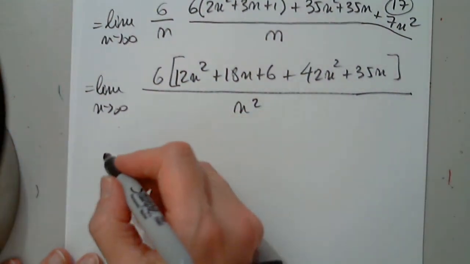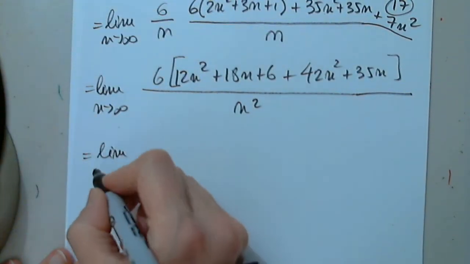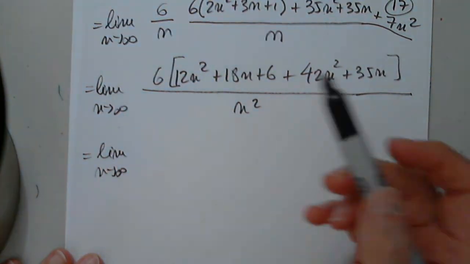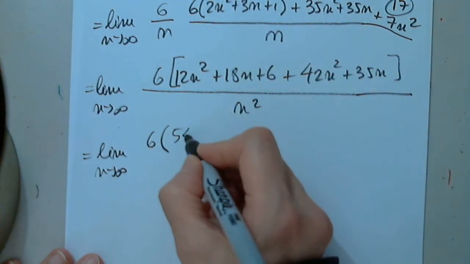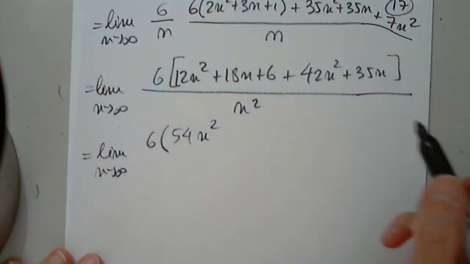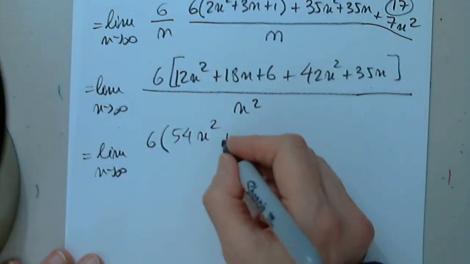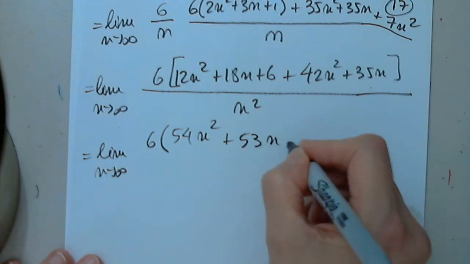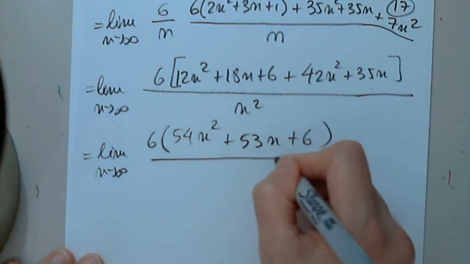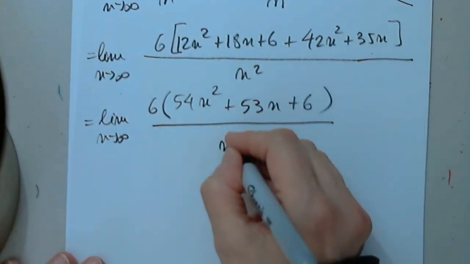Okay, so limit n approaches infinity. 6, 12 plus 42, 54, n squared. 18 plus 35, what is it? 53, I think, plus 6 over n squared.